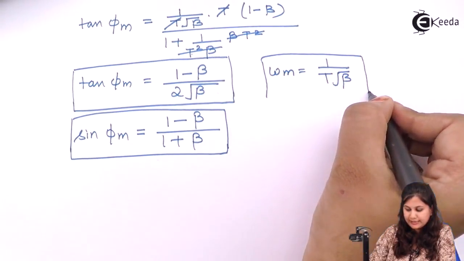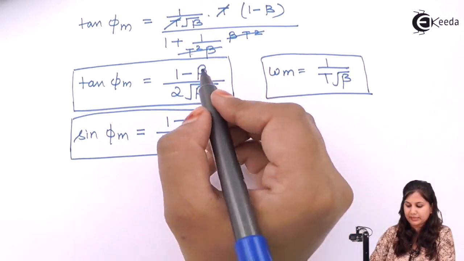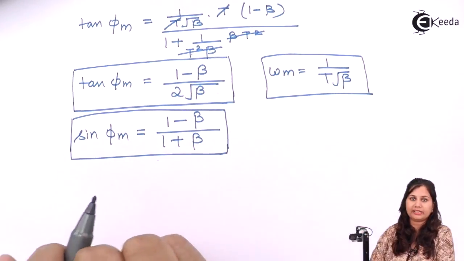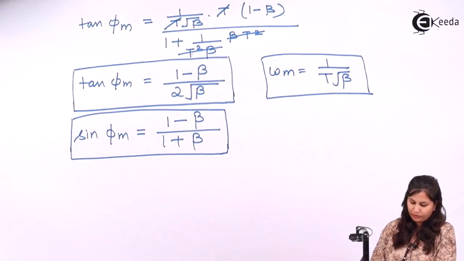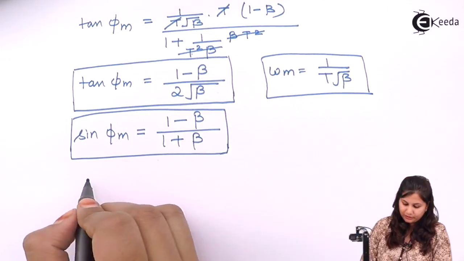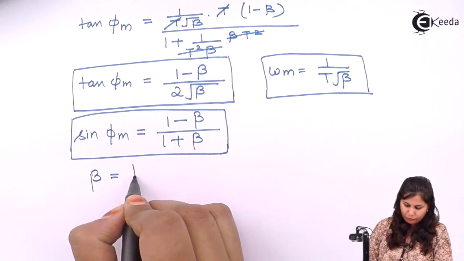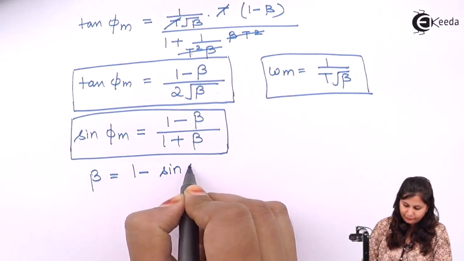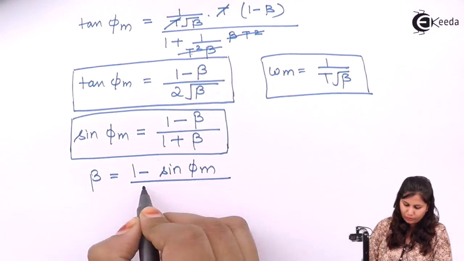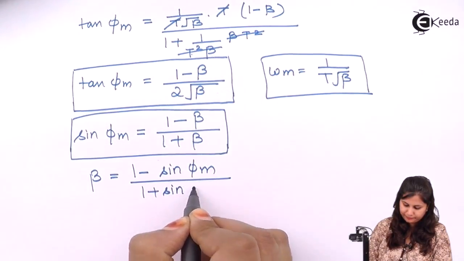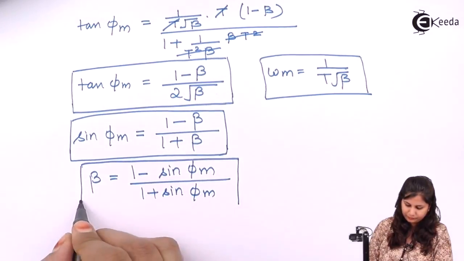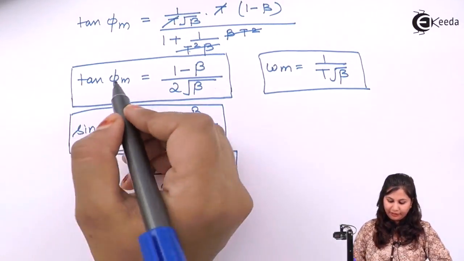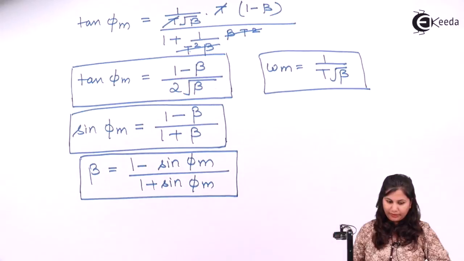The formulas are same, just you have to replace the alpha by beta in the phase lead and phase lag network. Now from here the value of beta will come out to be 1 minus sin phi m upon 1 plus sin phi m. So we have tan phi m, sin phi m, beta and omega m.